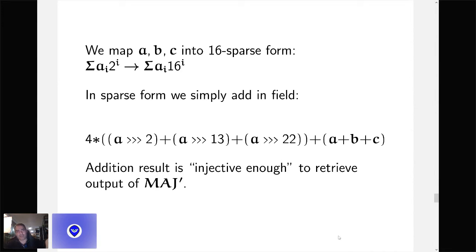Because I'm in this 16 sparse form, and I'm multiplying the addition of the rotations by 4, the addition will have those 2 bits of information: how many 1s are there in each bit of ABC, and how many 1s are there in each index for the 3 rotations.